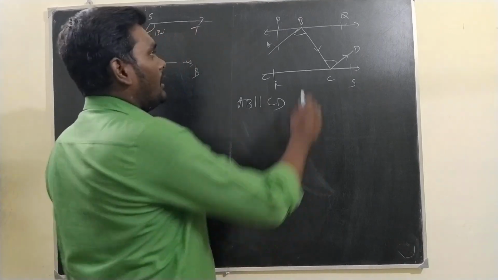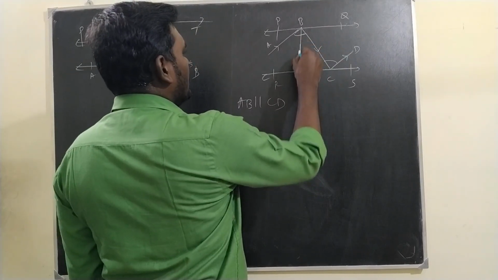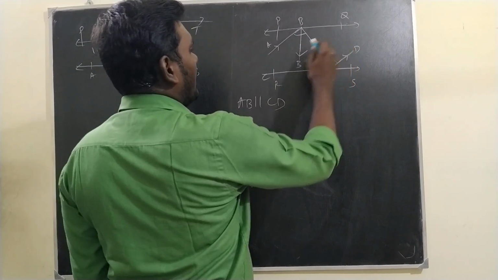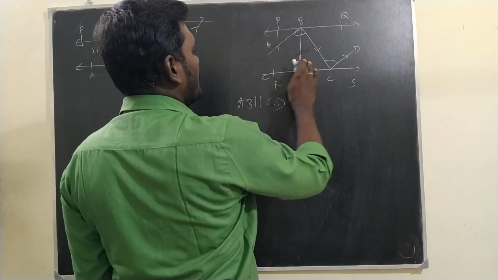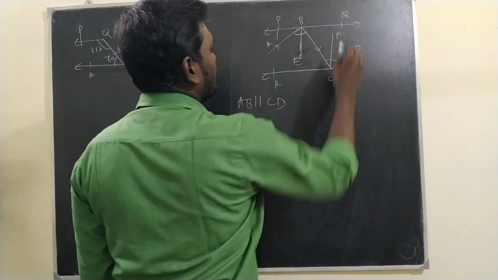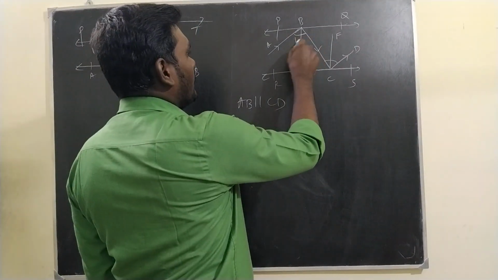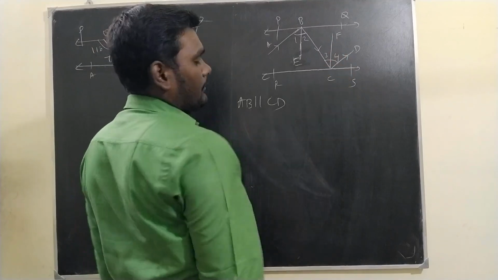What I'm going to do is draw a parallel line. ABCD, yeah. So BE is parallel to CF, like I'll draw. Okay, like that it is bisecting this also. 1, 2, 3, 4.